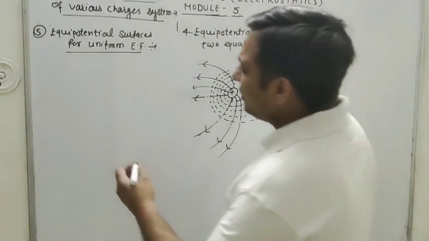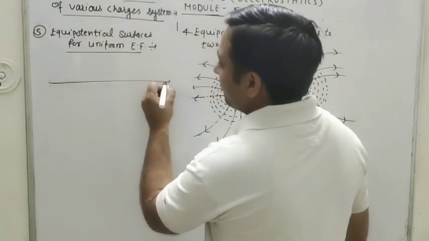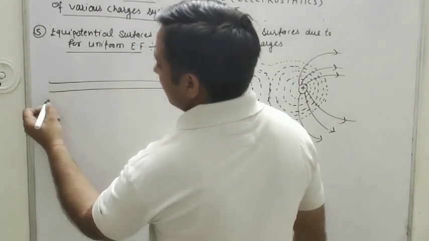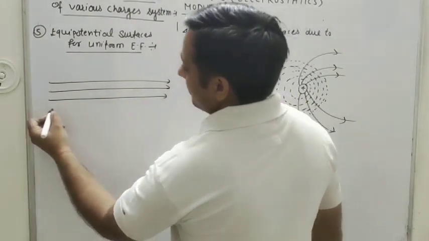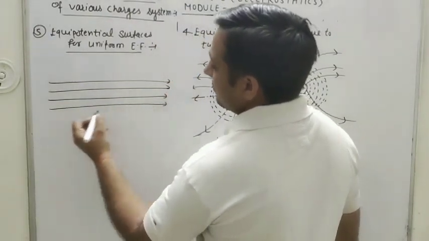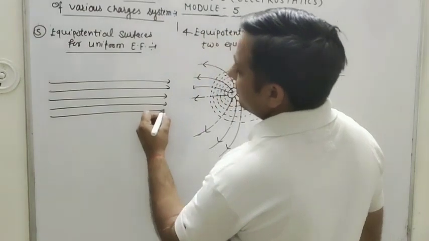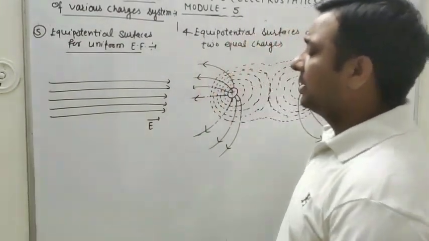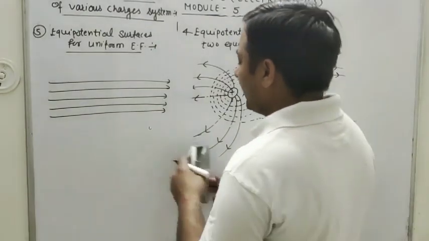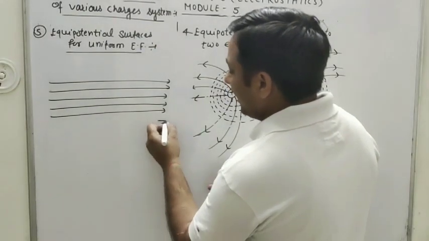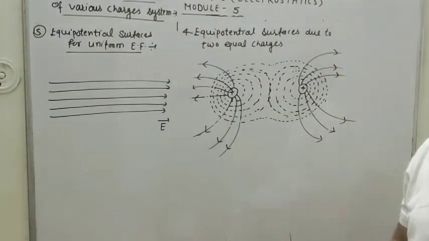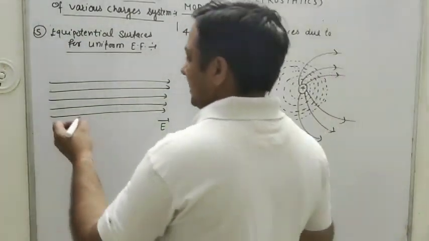You know, a uniform electric field has constant, parallel lines. This is the uniform electric field, and for this uniform electric field we will have to draw the equipotential surfaces first.